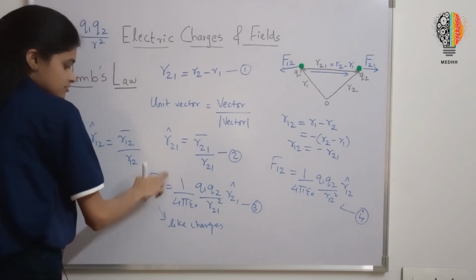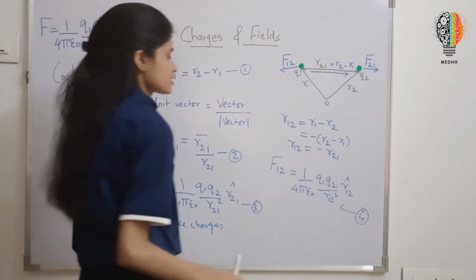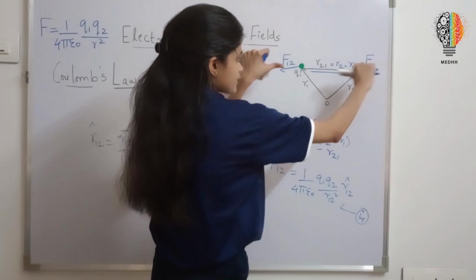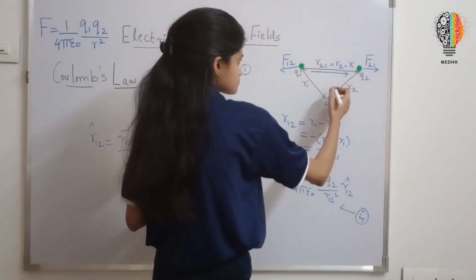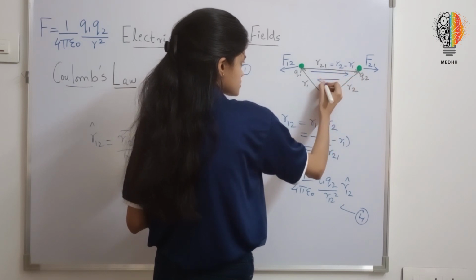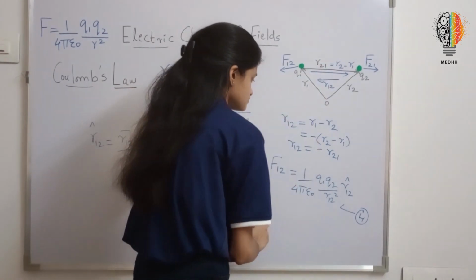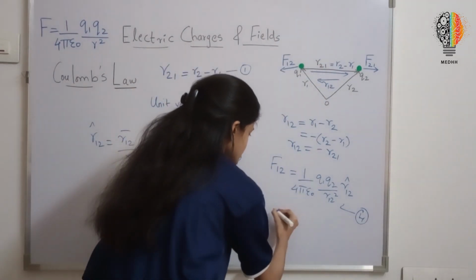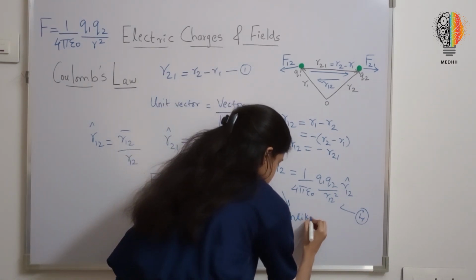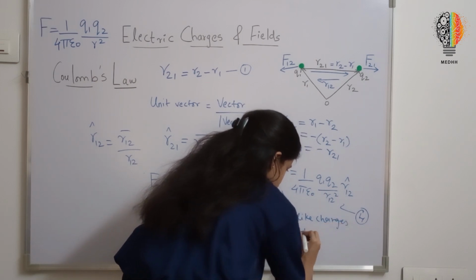This indicates the direction of the force for like charges, and for unlike charges, Q1 and Q2 are unlike charges, they attract. So it will be in this direction, that is in the R12 direction, negative of R21, right? So this is for unlike charges.